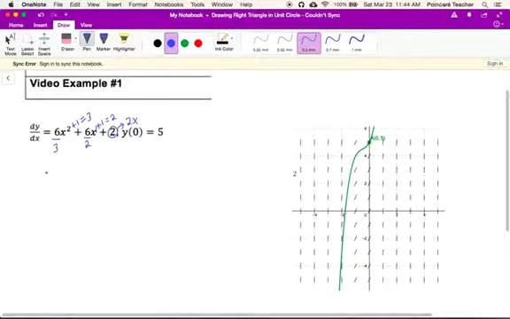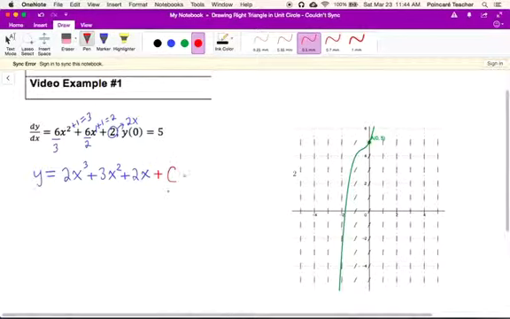Therefore, the solution is y, and it's y because this is telling us that this is the original function. The equation simplified would be 2x cubed plus 3x squared plus 2x, and then we'll need a plus c here, because any constant could be here.